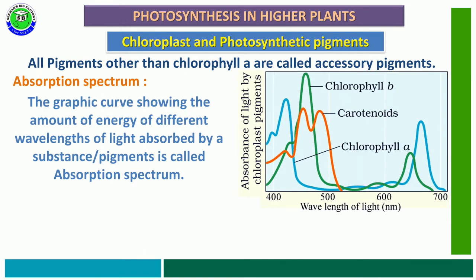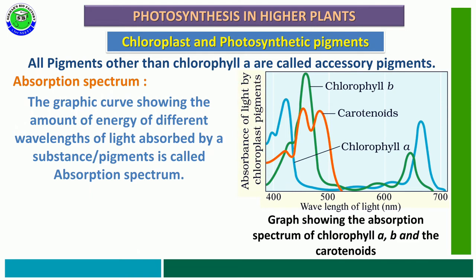A graph having a curve showing the amount of light energy of different wavelengths absorbed by substances or pigments is called the absorption spectrum. This graph is constructed by taking wavelength on the x-axis and the absorbance of light by chloroplast pigments on the y-axis.